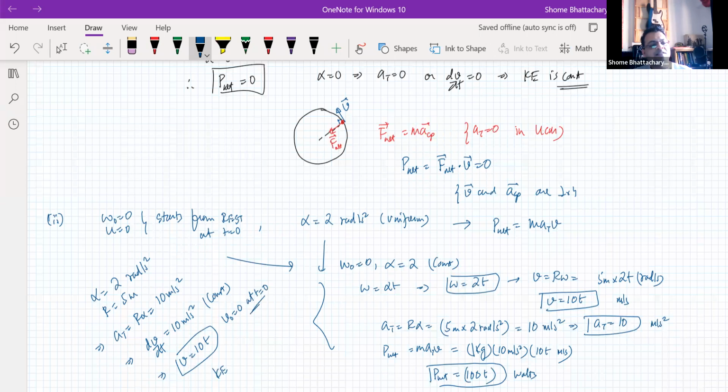So kinetic energy as a function of time will become 50t square. So net power is the rate of change of kinetic energy. Doing this also we get the same result. So that's another approach to the same thing.